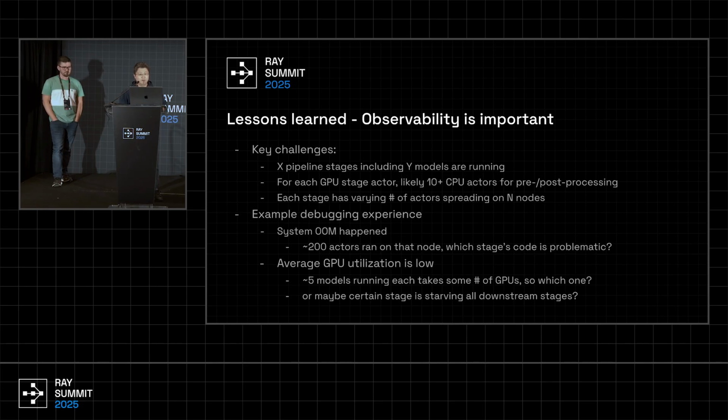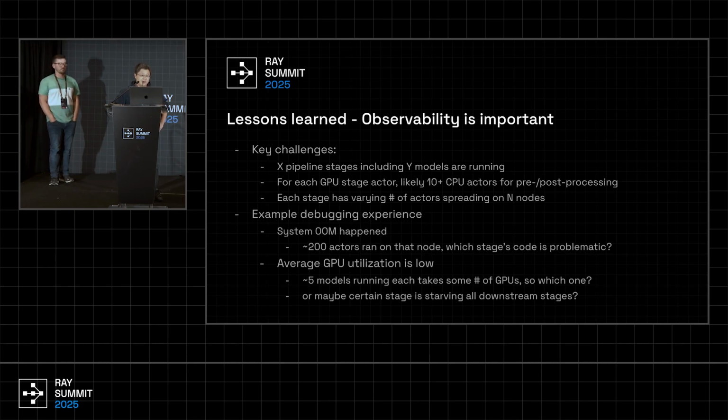For each GPU actor, we also have a lot of CPU actors designed to do pre-processing and post-processing, for example downloading, uploading, or decoding the videos. Also, each stage will have a varying number of actors because of the auto-balancing, which we keep tuning, and those actors are spread across different nodes.